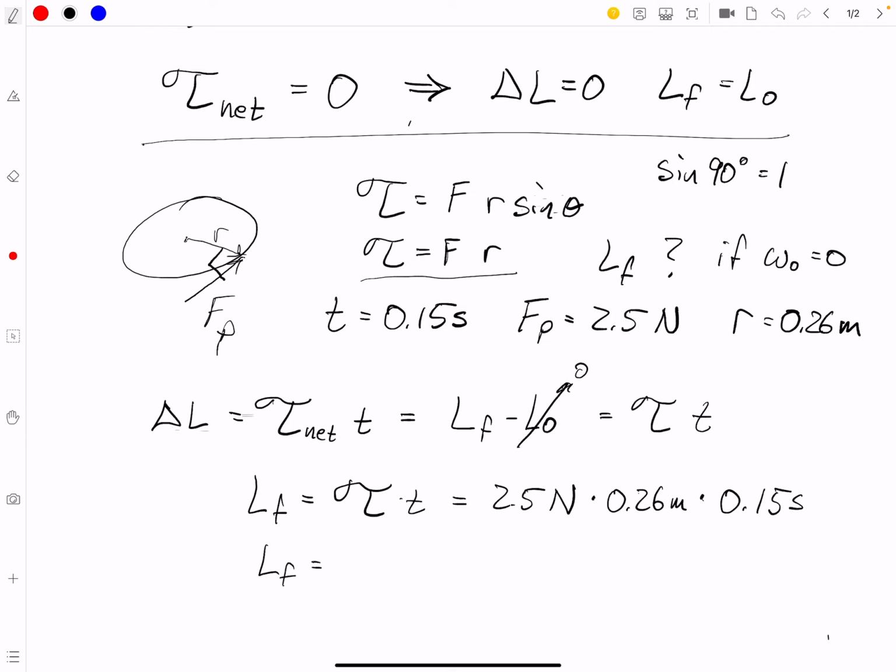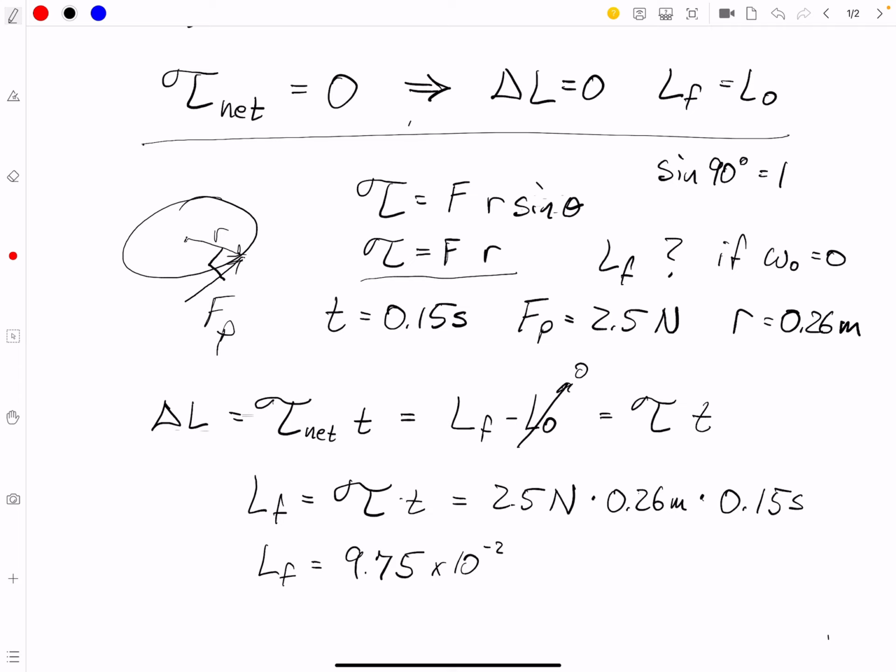LF is equal to, okay, I'm getting my calculator out. 2.5, enter. 0.26 times 0.15 times. And that is 9.75 times 10 to the minus 2.